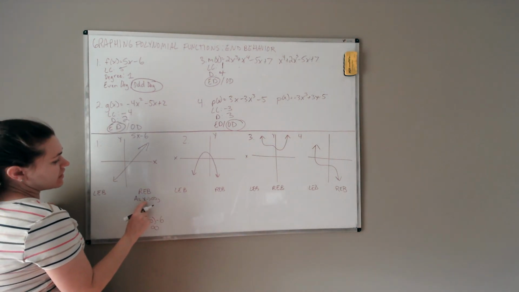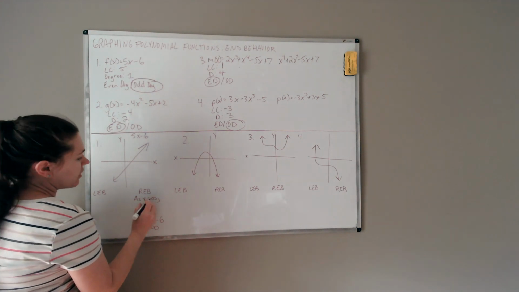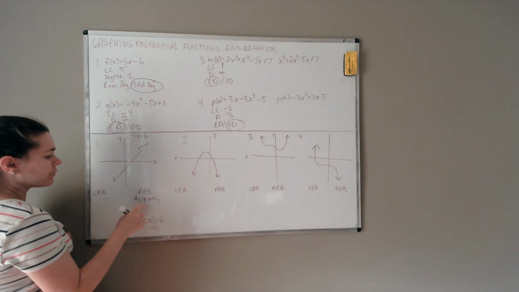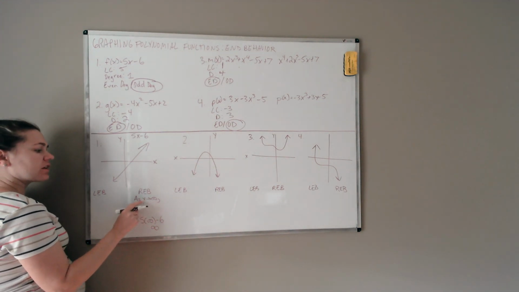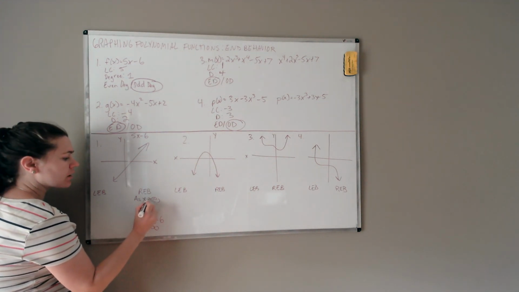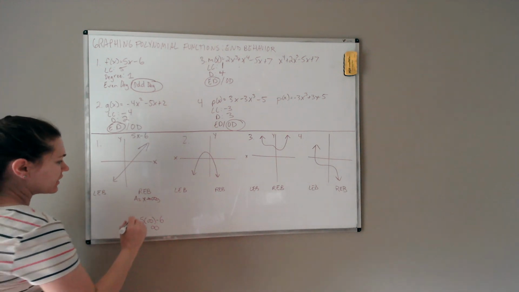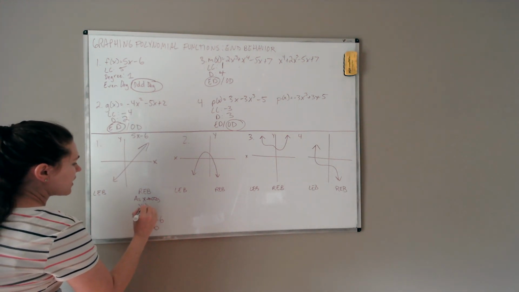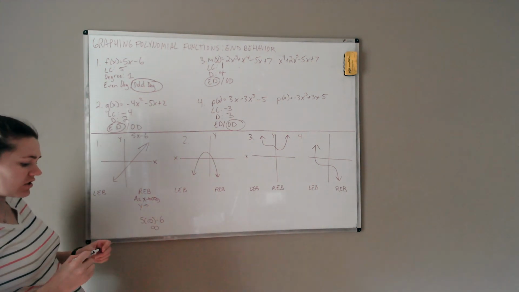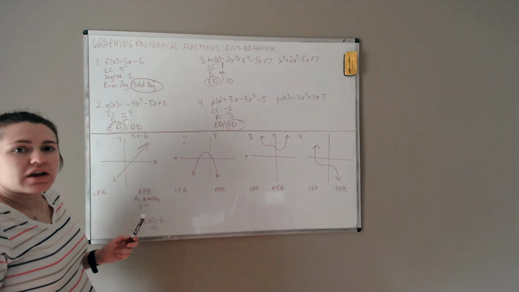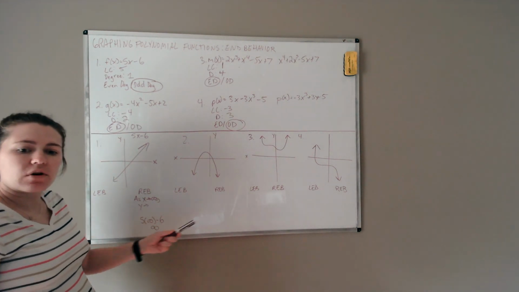So we write, as x approaches positive infinity. Now when I say approaches, you don't use the word approaches. Notice I'm drawing an arrow. This right here is just telling us that we're talking about the right side. So now we write y and then the arrow, which really means approaches, and now we have to figure out what the output is doing as the input is getting more and more positive.